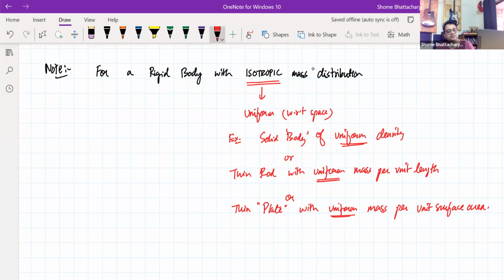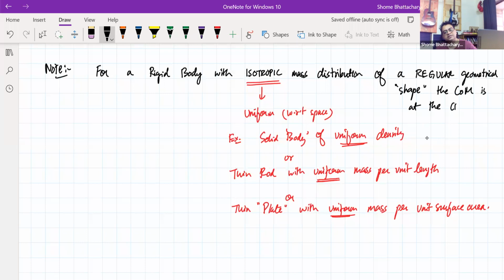So first of all, we should understand the meaning of this term isotropic mass distribution. For a rigid body with isotropic mass distribution, especially if that rigid body is a regular geometrical shape, the center of mass will be located at the centroid.